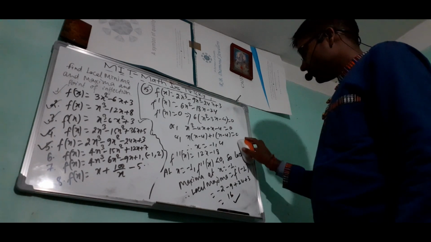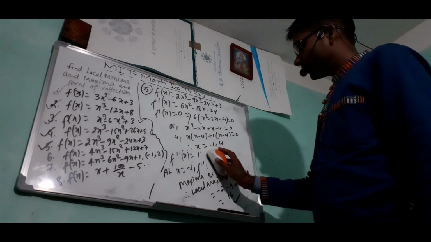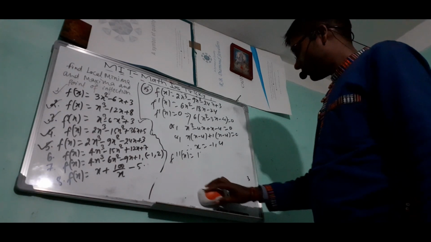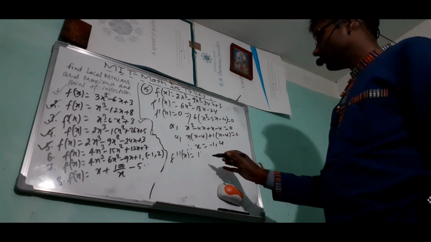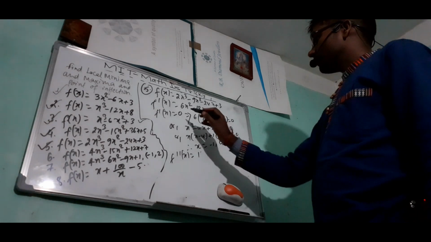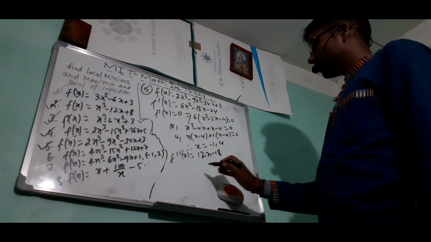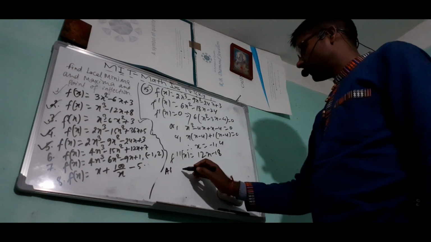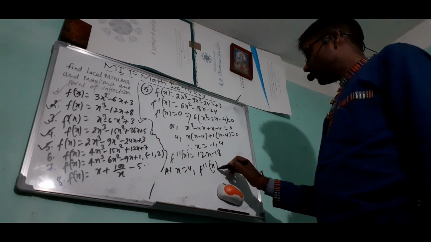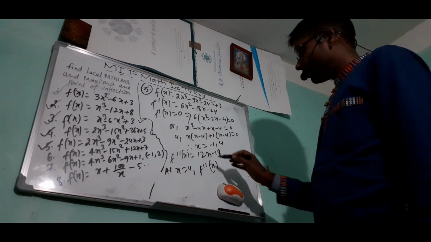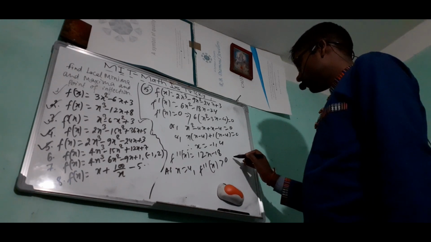Now let's see the value of the second derivative at x equals 4. The second derivative is 12x minus 18. So at x equals 4, the second derivative will obviously be 12 into 4, 48 minus 18, 30, greater than 0.